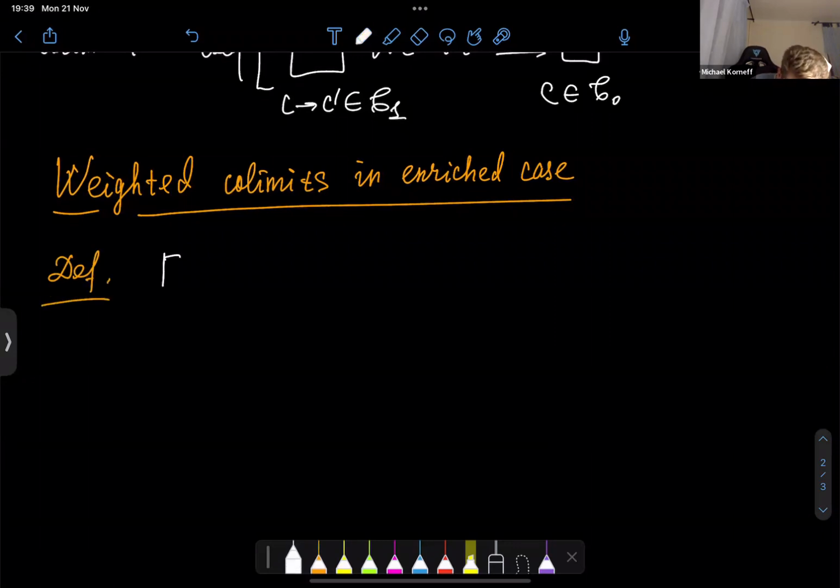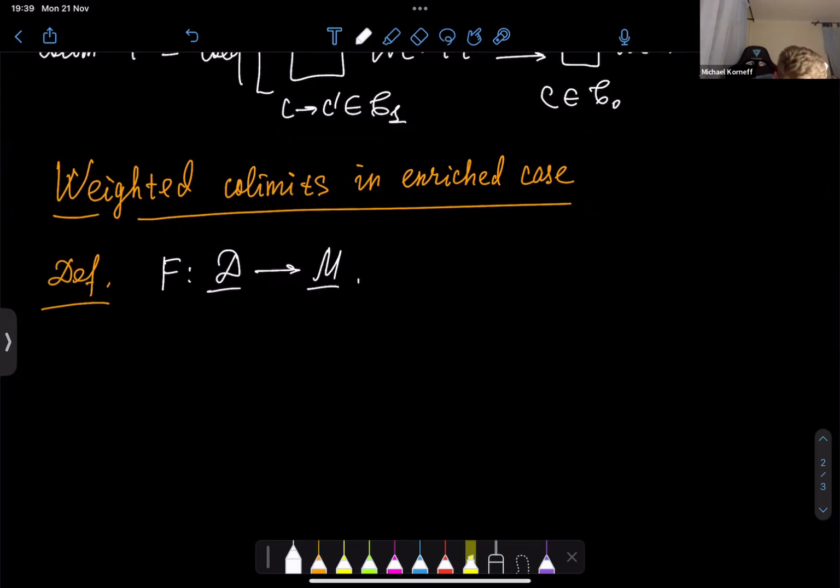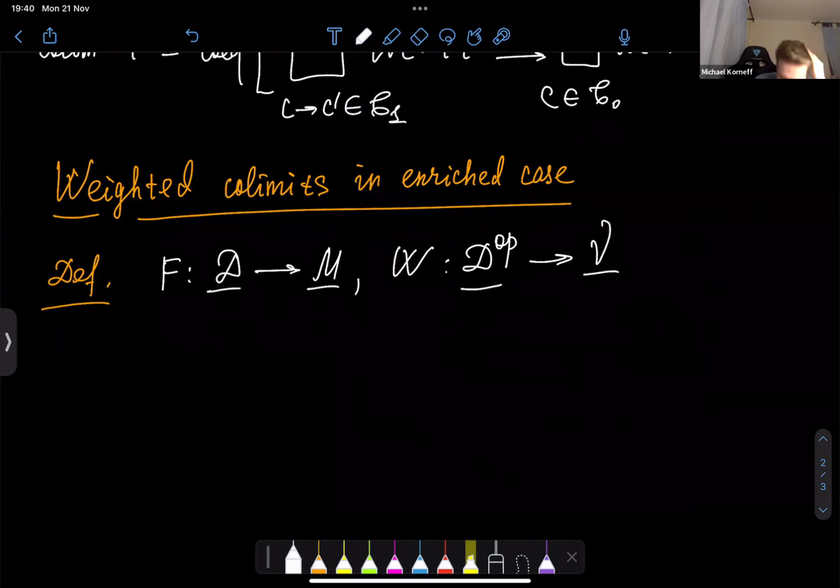Suppose we are given two V-functors between V-enriched categories, D and N, and suppose W is the weight between these categories.